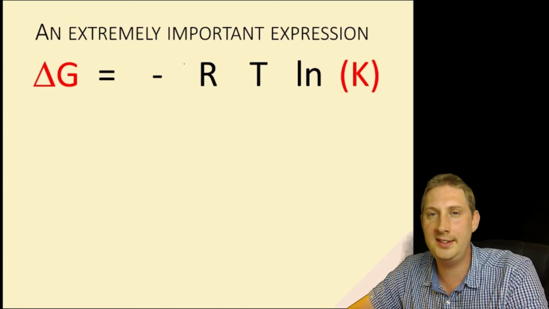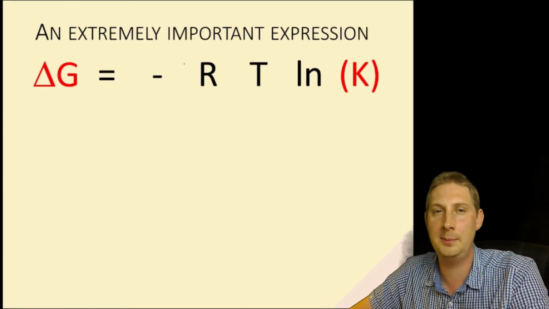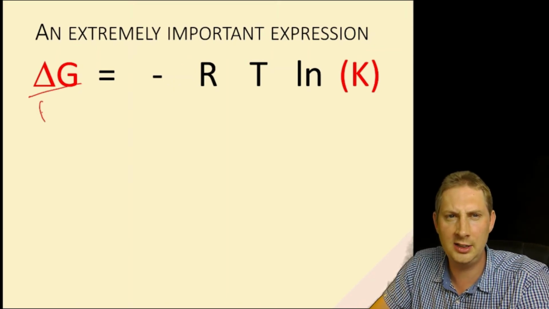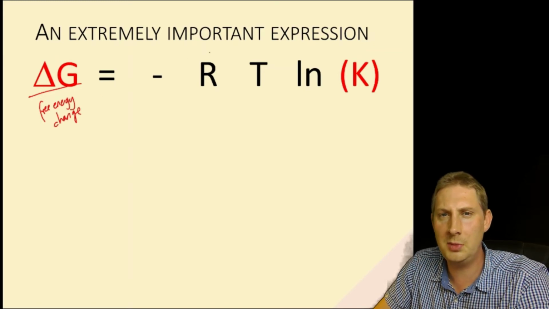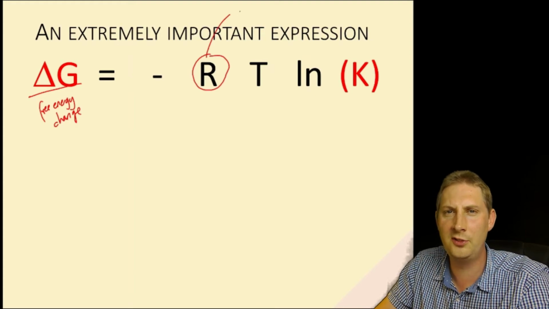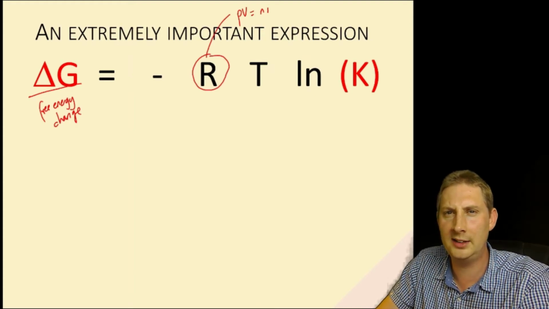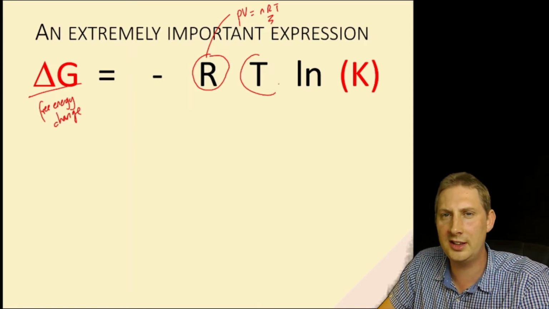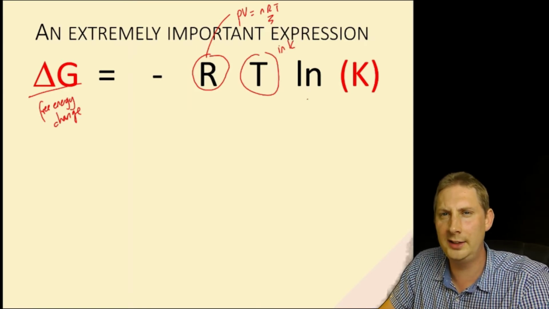So, this expression here is extremely important. Delta G, the free energy change, equals minus R, which you've used before in PV equals nRT. It's the ideal gas constant. T is obviously the temperature in Kelvin.